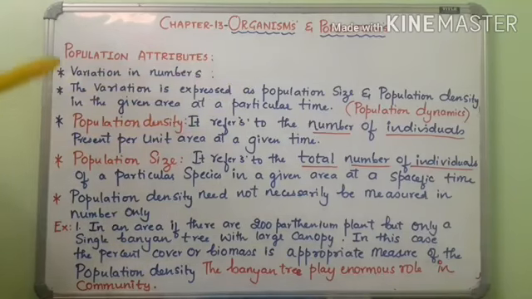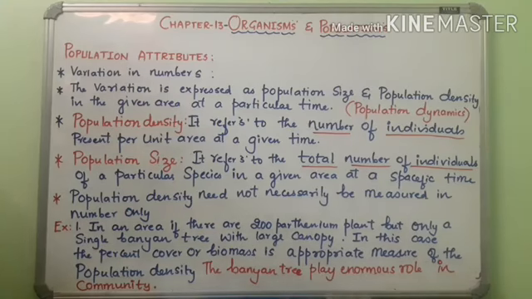See students, the population density. Suppose we take our college, Prerana College, and the sections we have there indicate the population density. The entire college is the population size, and the classrooms are the population units.